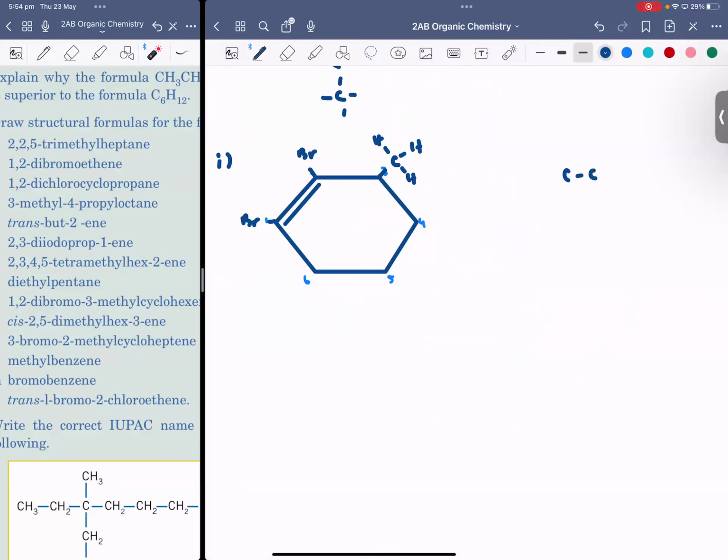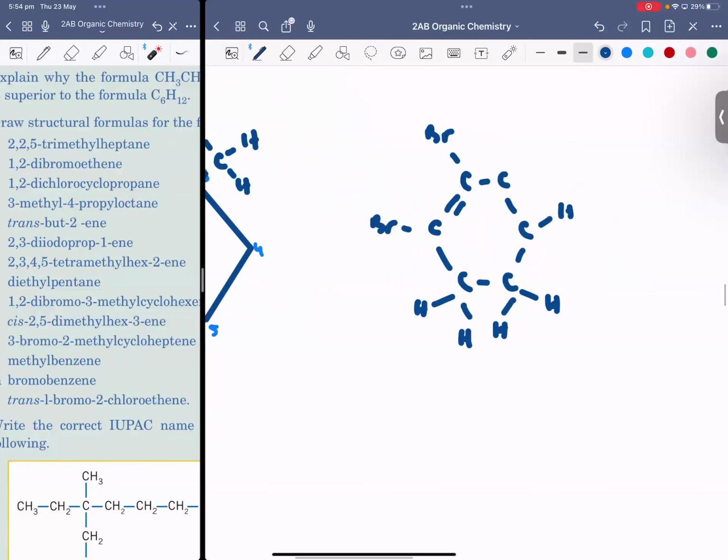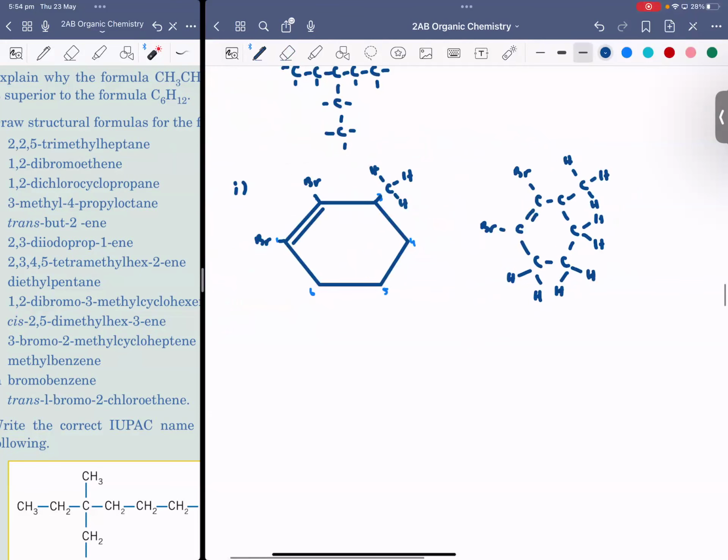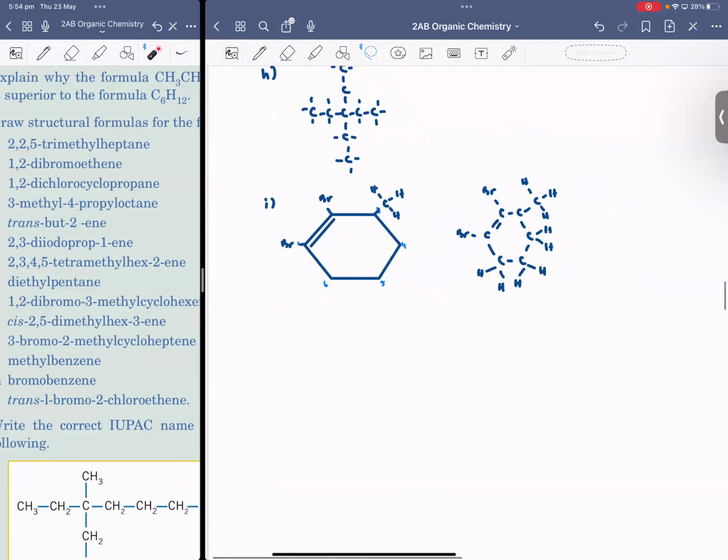C, C. All right, bromine here, and everywhere else 2 H's. So at your school, make sure you draw this. To me, it just makes it look disgusting. That's what you're expected to draw at your school, because it always says draw all the bonds. Okay, perfect.